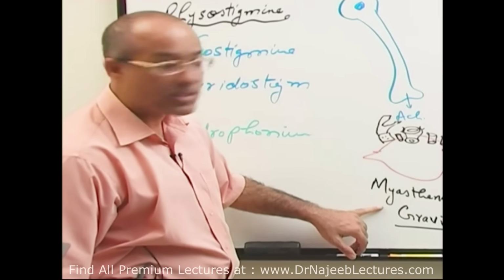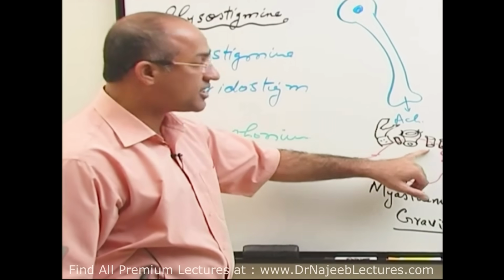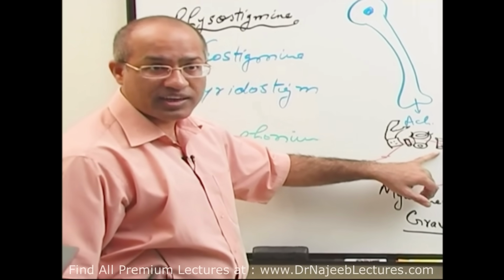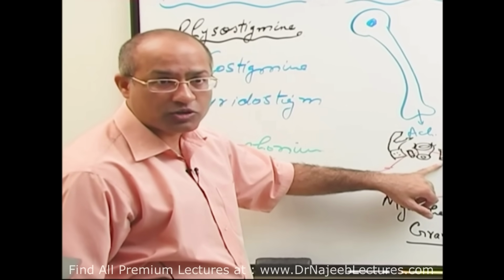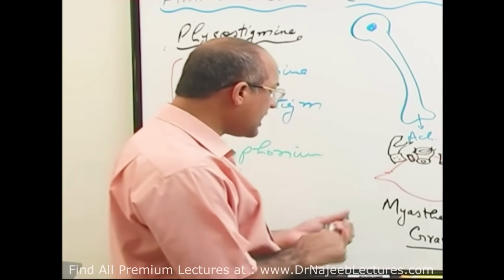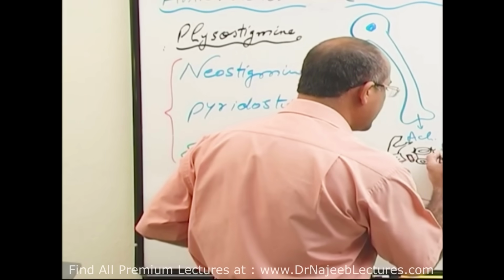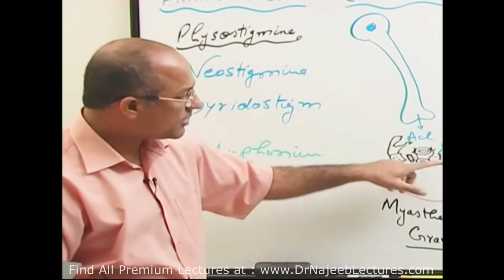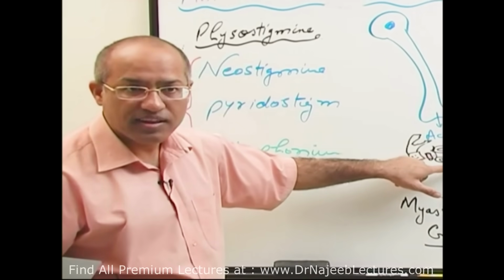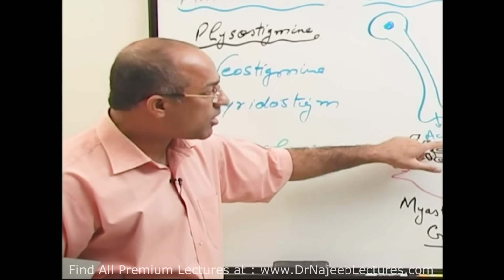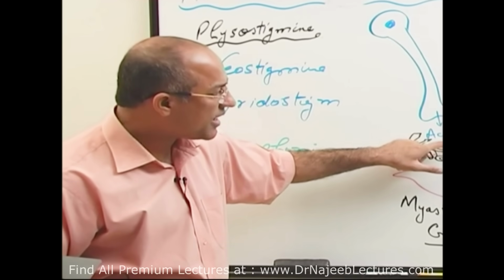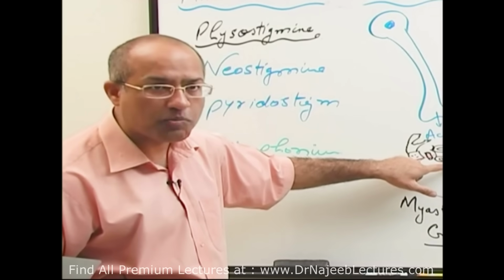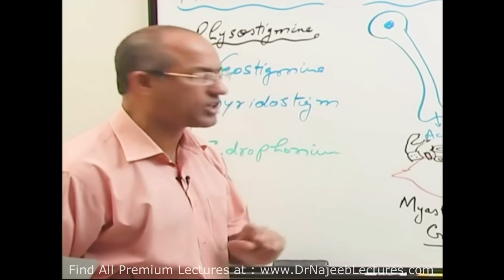It's an autoimmune disease. Autoantibodies are formed against the cholinergic nicotinic receptors on the neuromuscular junction. So autoantibodies bind with these cholinergic nicotinic receptors.